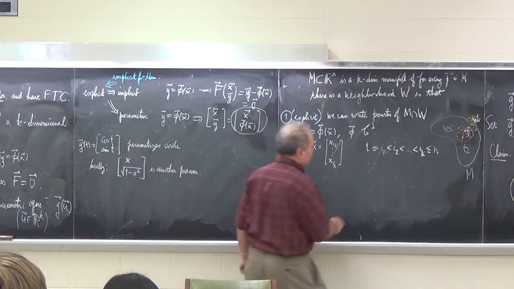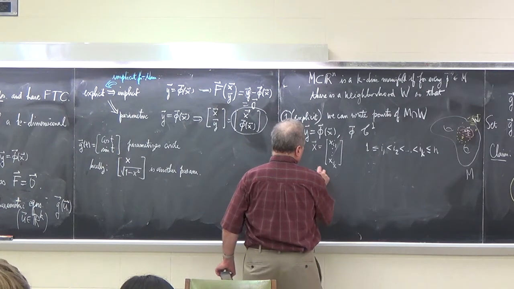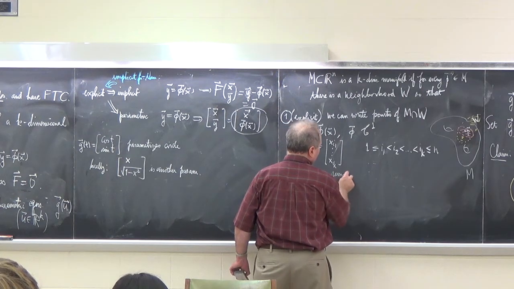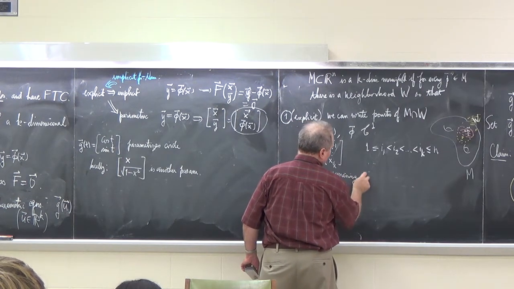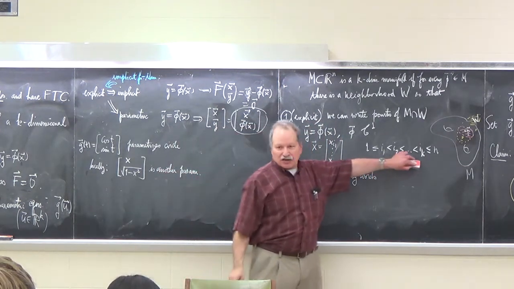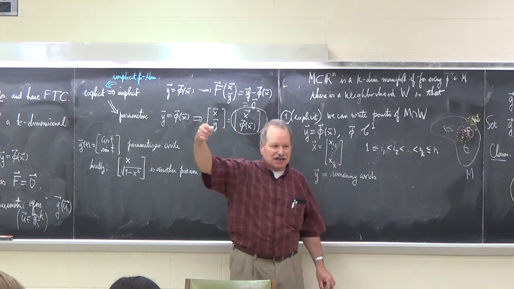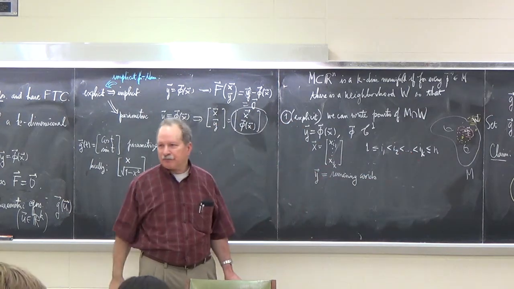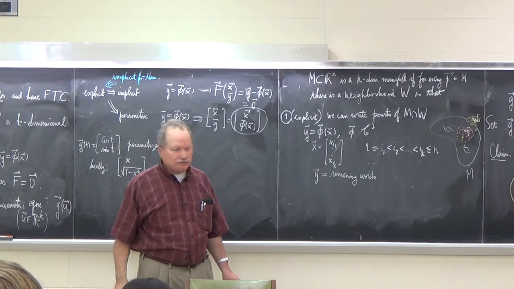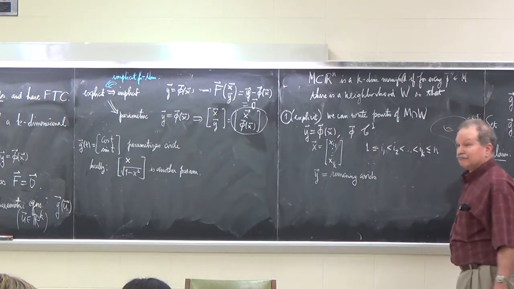Pick some k coordinates, and y are the remaining ones. So you're picking some k of our standard coordinates and writing the remaining n minus k coordinates as functions of them. So basically you can make n minus k coordinates dependent on k.